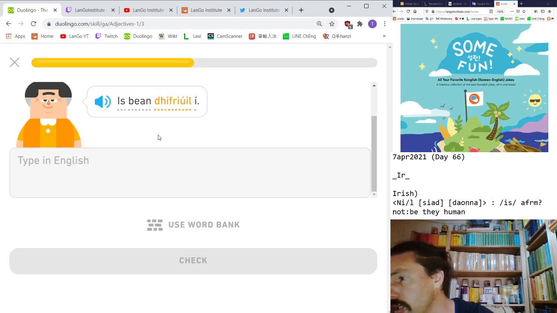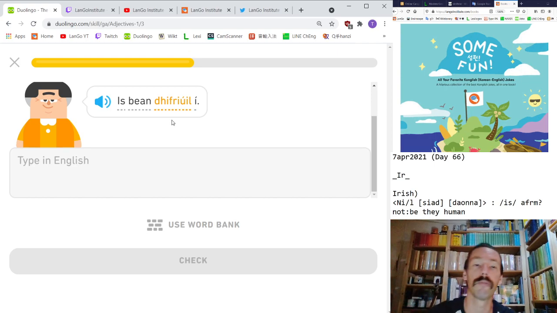Tá is the negative of... negative is ní. Why is the S in is not slender? Yeah. Excellent question. Exceptional word. If it's next to an E sound, it should become a sh.